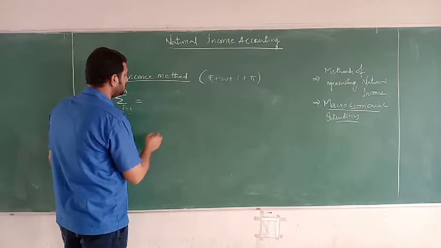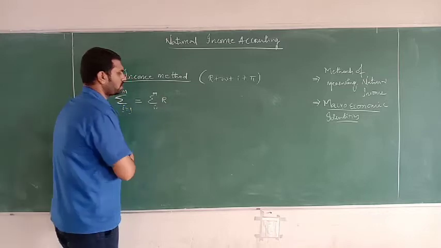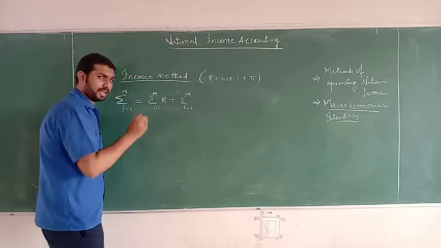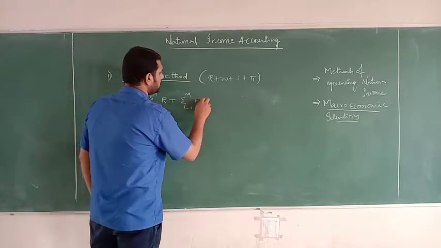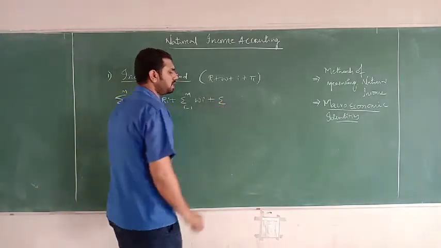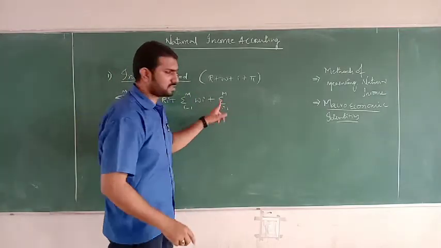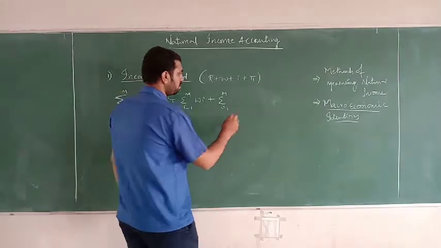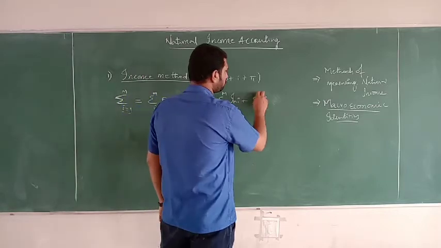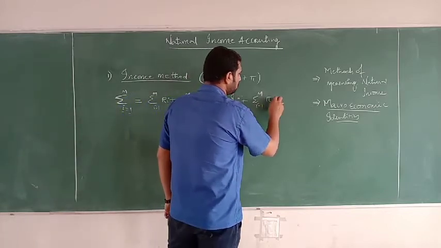That is the sum of income equals the sum of R, plus the sum over all individuals of what has been received in the form of wages, followed by the sum total over every individual of interest, plus the sum total over every individual of the amount of profit.